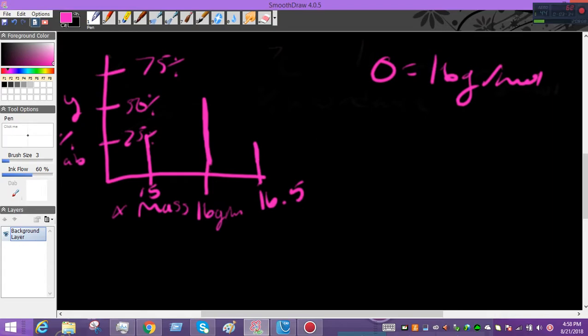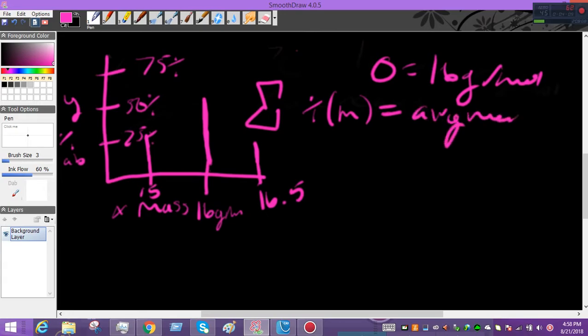So this is how a mass spectrometry graph would look. If we wanted to find the average mass of this particular sample of oxygen, what we would do is take the sum of all their masses times their respective percentages, with the percent converted to decimal, equals average mass.